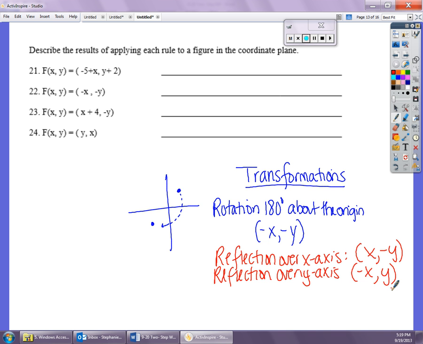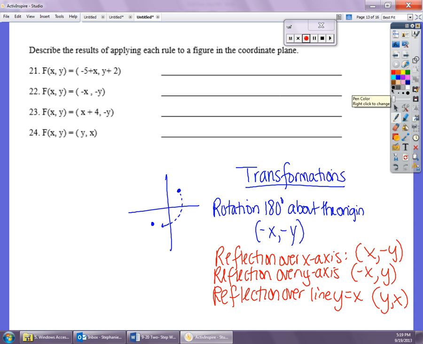And then we have number 24, which is reflection over the line y equals x, and that just means that you're going to change the position of x and y. So if we were actually going to plot that reflection, this is the line y equals x. If you don't believe me, put it in your calculator.